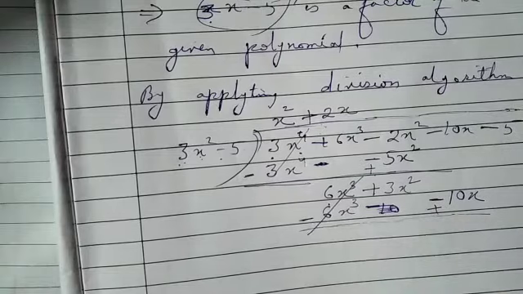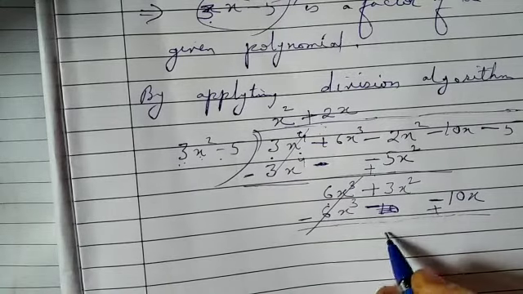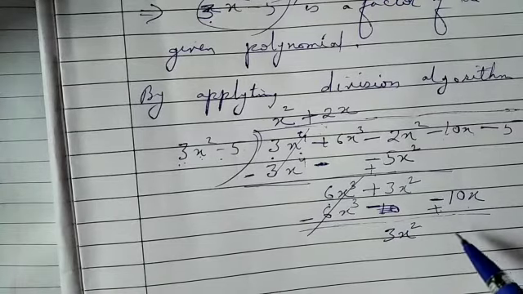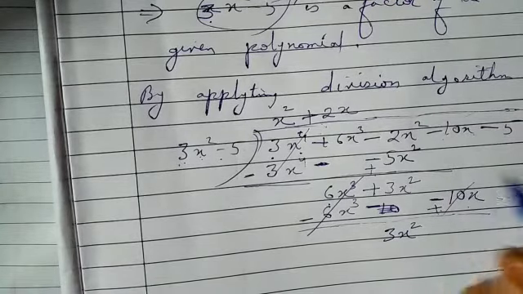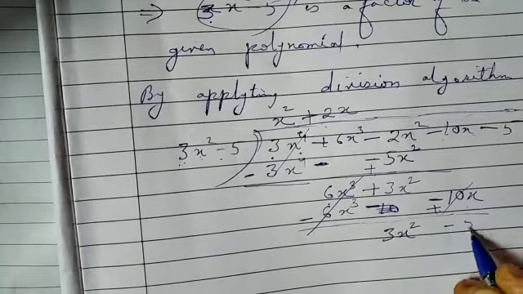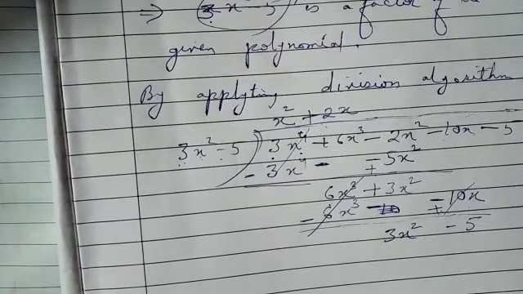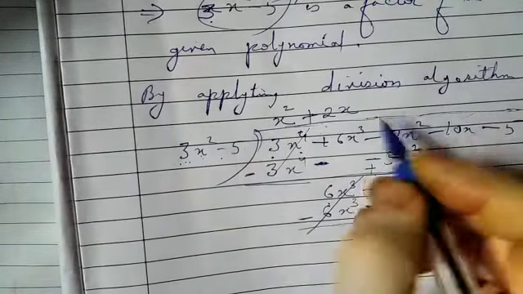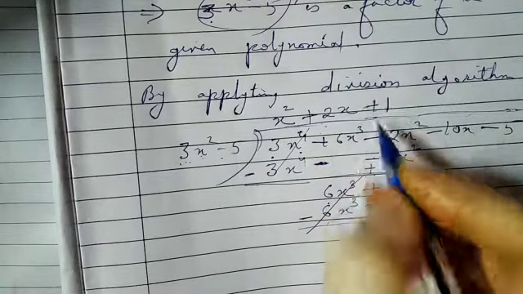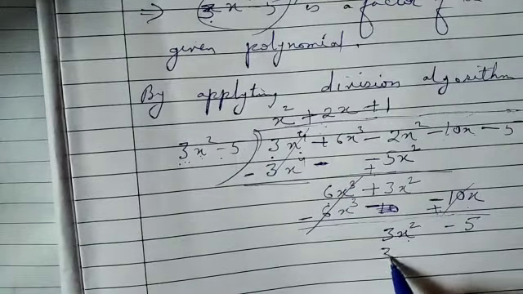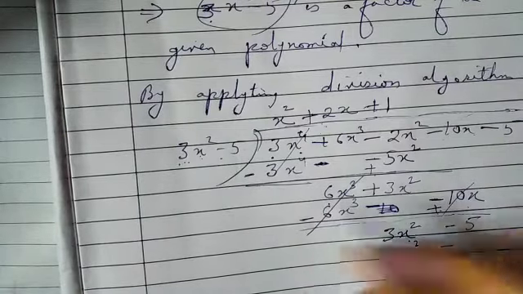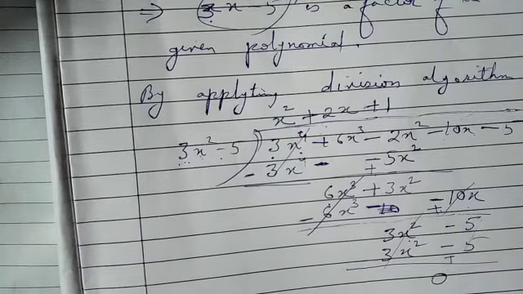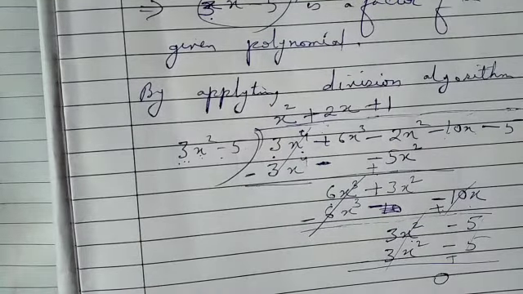Now 3x square is left, and minus 10x and plus 10x both cancel. Minus 5 is left. This is 3x square and this is also 3x square, so the quotient will be 1. Multiplying by 1 gives 3x square minus 5. If we subtract it, we will get 0.